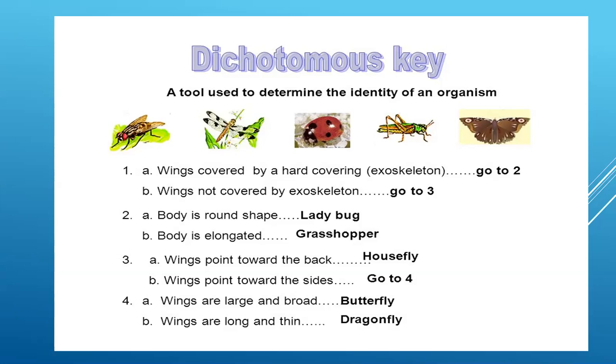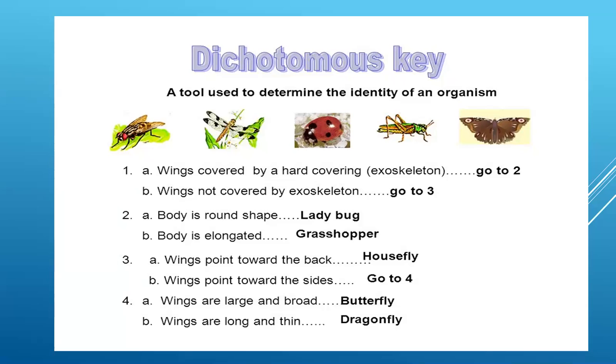Now there are a few questions given here, 1, 2, 3, 4, and each question has 2 parts, A and B. So when you say 1A and 1B, the first question is whether the wings are covered by a hard covering, an exoskeleton. If the wings are covered by a hard exoskeleton, then you go to 2. And when you go to 2, you get an answer.